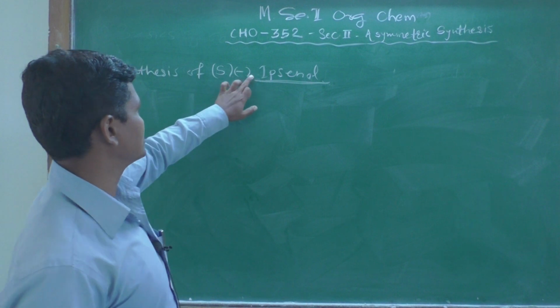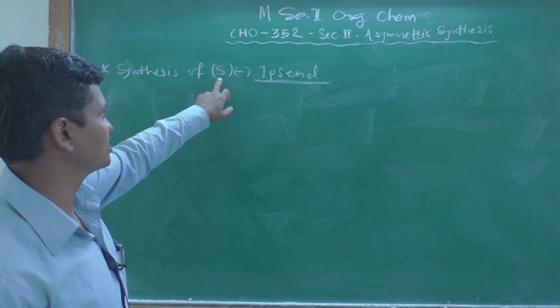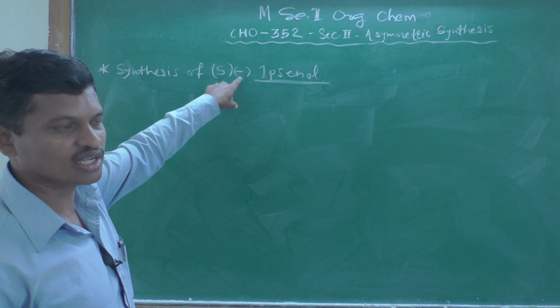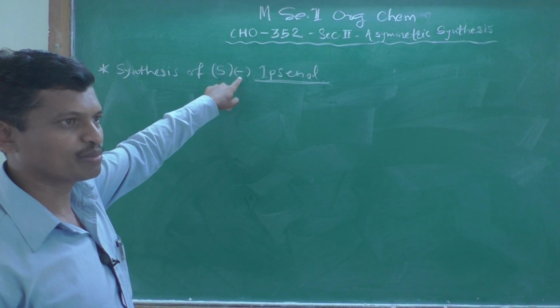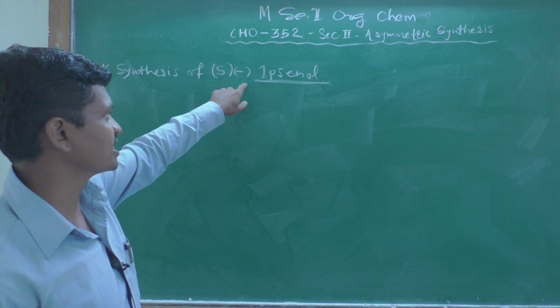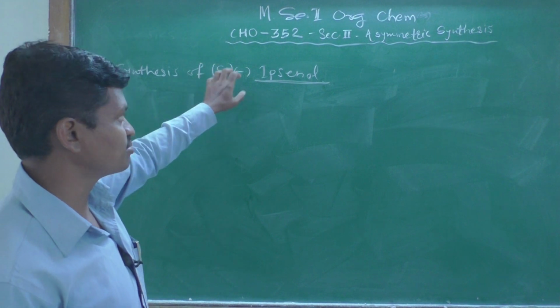What is the significance of this S? S is the stereochemistry of the molecule. The minus sign indicates that this molecule is levorotatory, or it is rotating the plane of polarized light towards the left-hand side. So that's why it is denoted by a minus sign. So we have to synthesize this S-ipsenol.